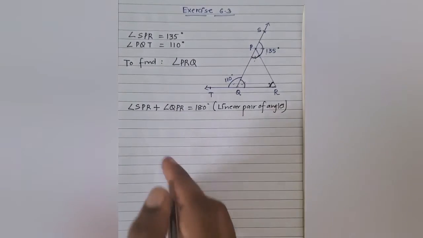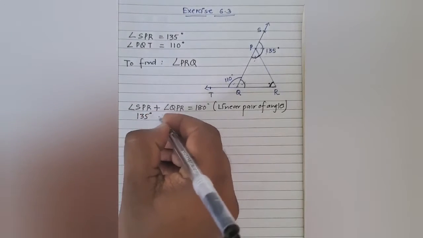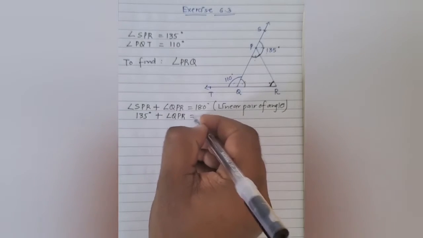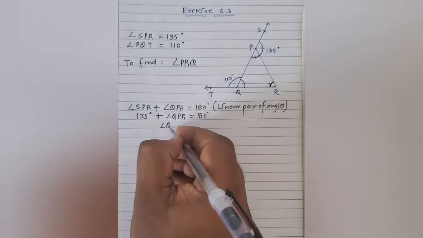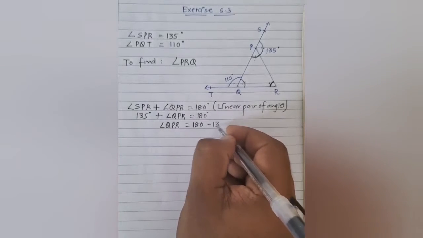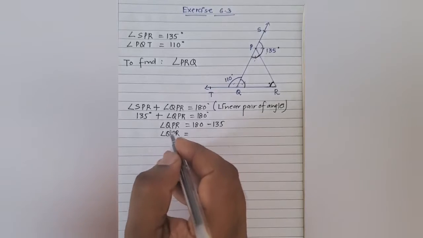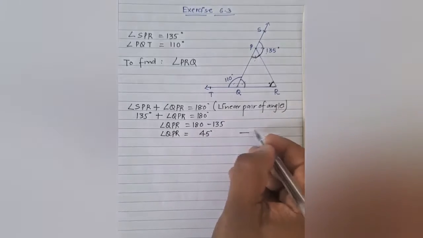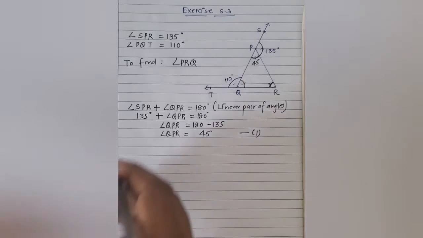SPR is already given as 135 degree, and QPR is something that I have to find. So QPR will be 180 minus 135, which happens to be 45 degree. So I found this to be 45 degree.